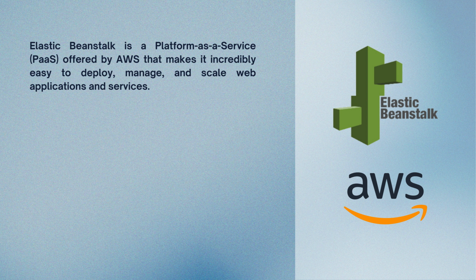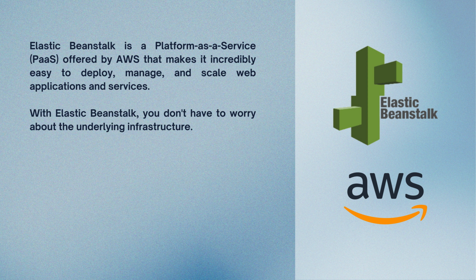Elastic Beanstalk is a platform as a service offered by AWS that makes it incredibly easy to deploy, manage, and scale web applications as well as services. With Elastic Beanstalk, you don't have to worry about the underlying infrastructure.